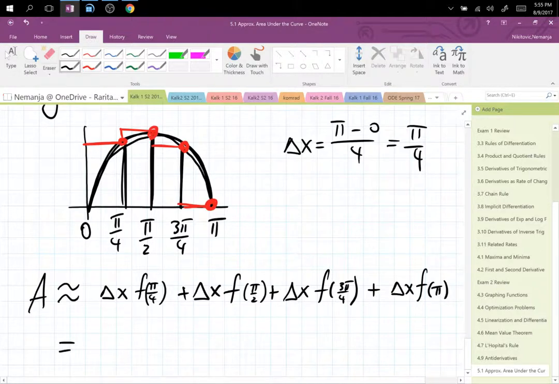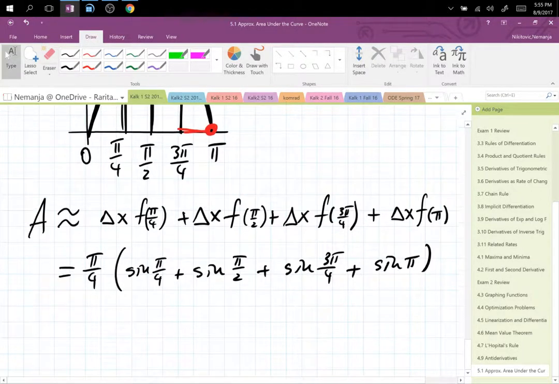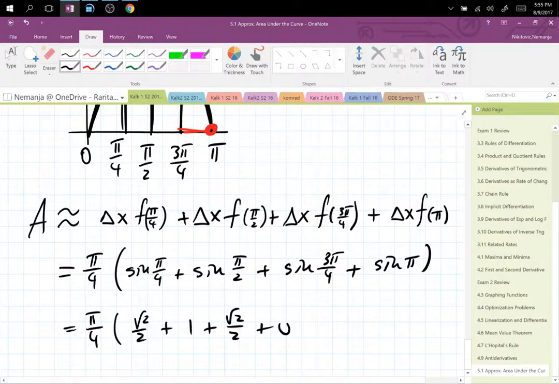We are factoring out delta x, which is pi over 4, and we are left with sine pi over 4 plus sine pi over 2 plus sine 3 pi over 4 plus sine of pi. Pi over 4 times root 2 over 2 plus 1 plus root 2 over 2 plus 0.